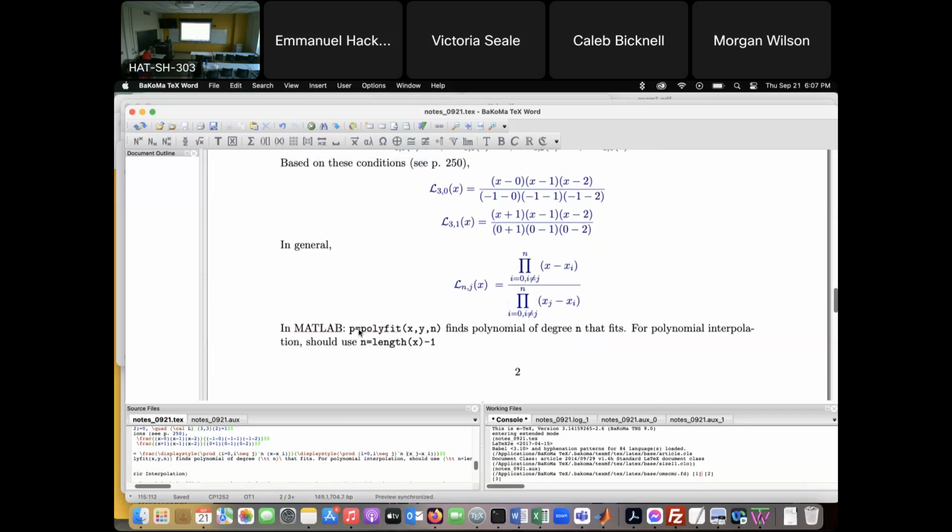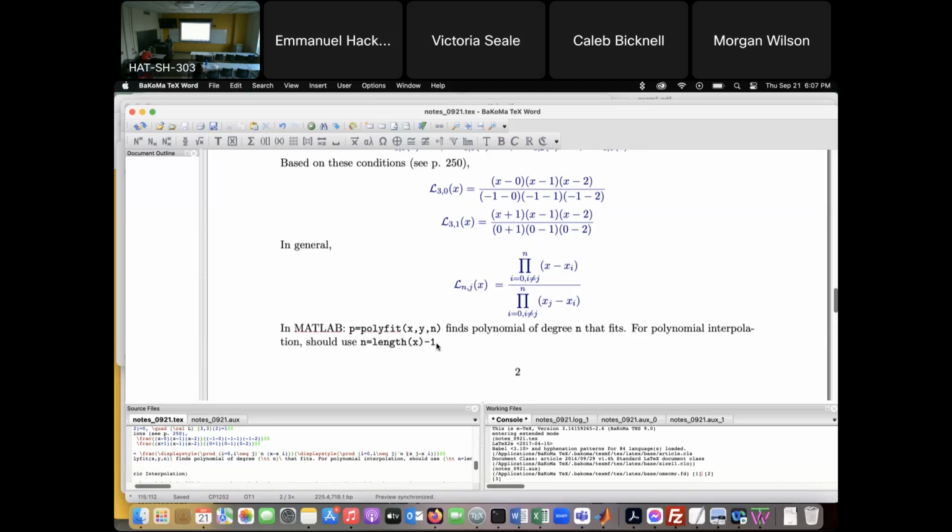And here's the MATLAB function for polynomial interpolation, how you use it. So polyfit: you give it a vector of x values, a vector of y values, and then the degree n. For polynomial interpolation, like I've been showing you, you should set n to the length of x minus 1.